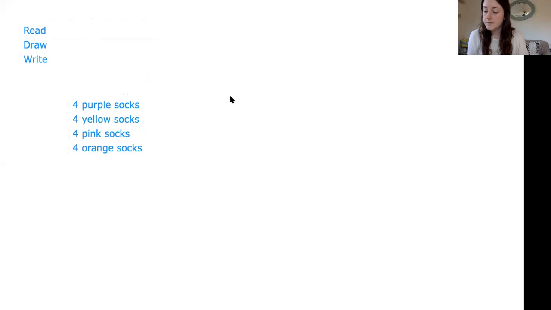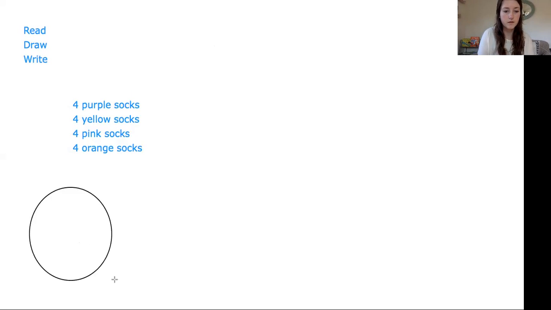So this problem is asking me to draw first. I need to draw some groups to show how she sorts them. So what I'm going to do first is draw my group and put the socks inside. So the first thing I'm going to do is draw the 4 purple socks she has. So 1, 2, 3, 4.